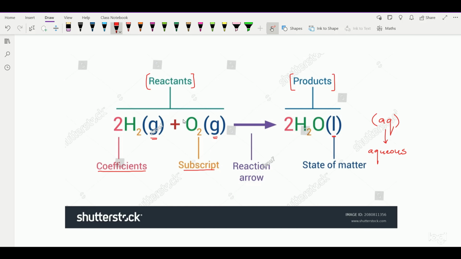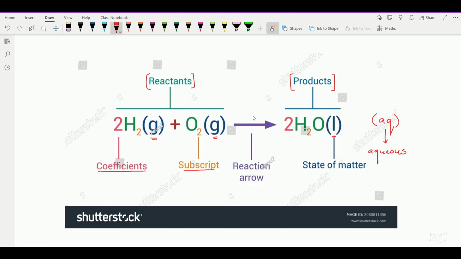For your information, if there is no number at the front, the default number is 1. So if I only see O2, that means there is only one molecule involved in the reaction. So two molecules of hydrogen and one molecule of oxygen would give you two molecules of water.